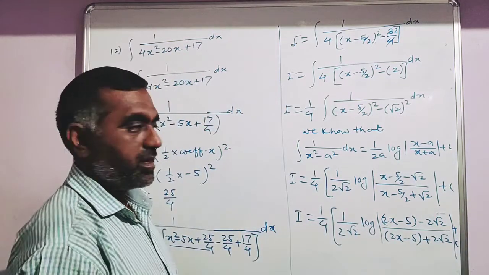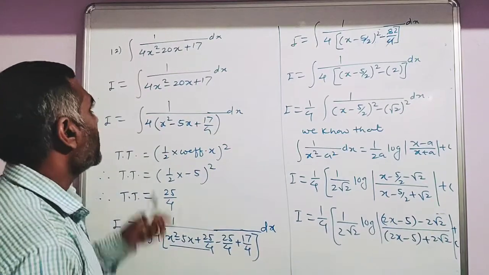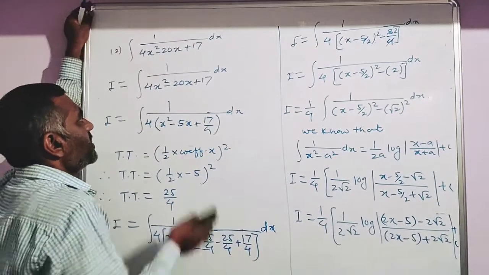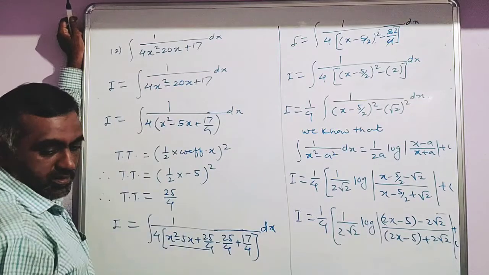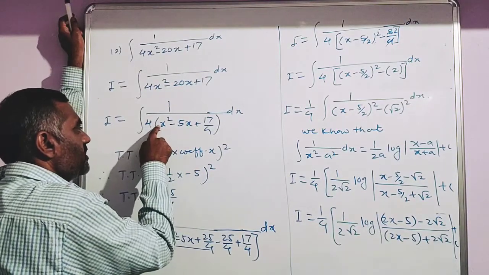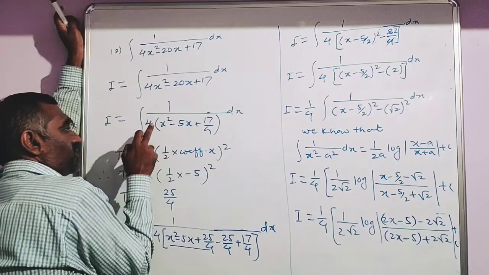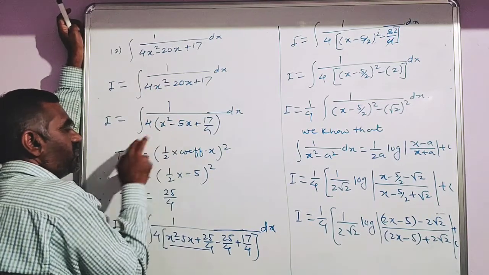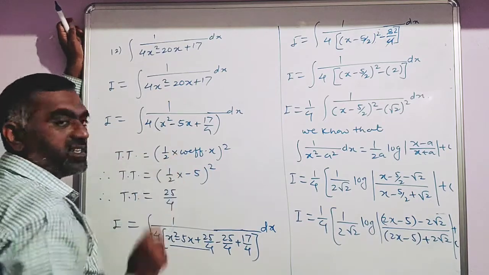Correct? If the coefficient of x² is other than 1, then you have to take out that coefficient and make it in the form of a quadratic equation where the coefficient of x² is 1. For that, you have to find the third term, or the perfect square term.